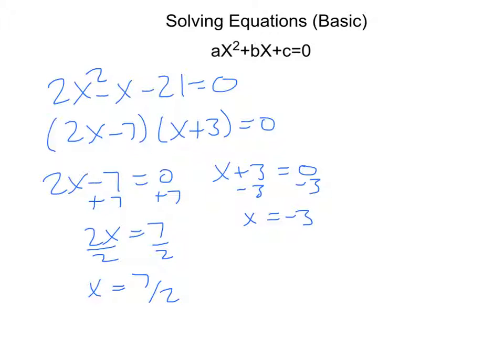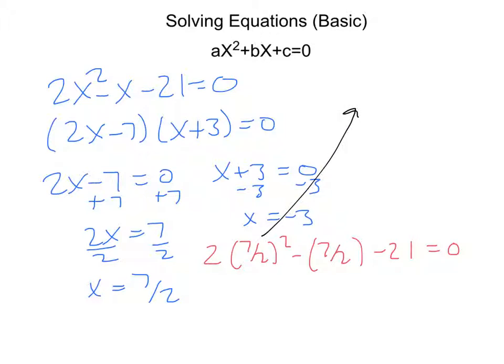Plugging this one in, we're going to say 2 times 7/2 squared minus 7/2 minus 21 equal to 0. That's what we want to solve. So let's take this 7/2 squared up here. Make sure we remember how to do this.